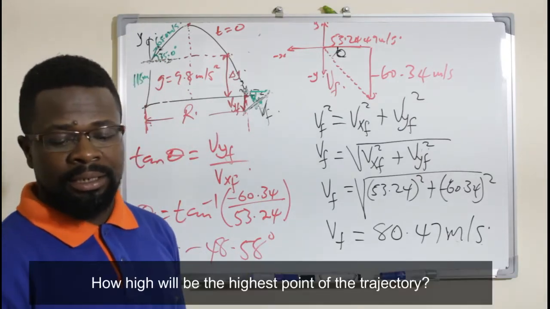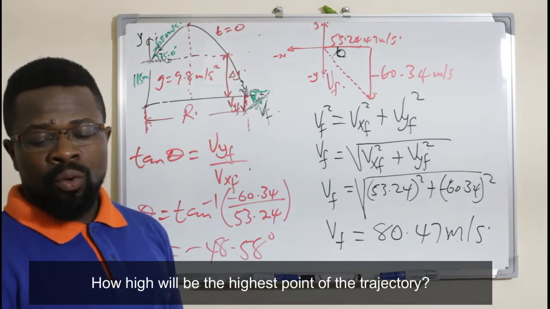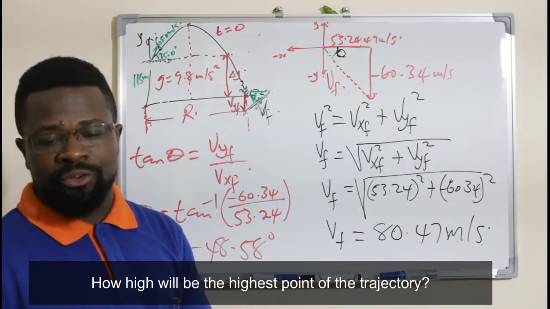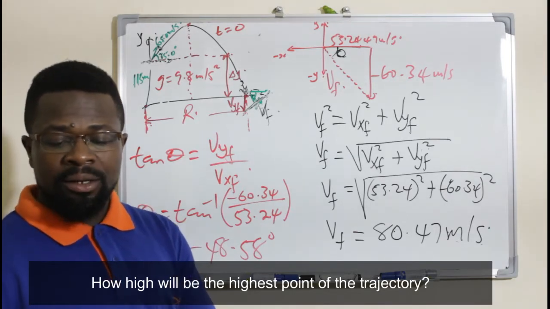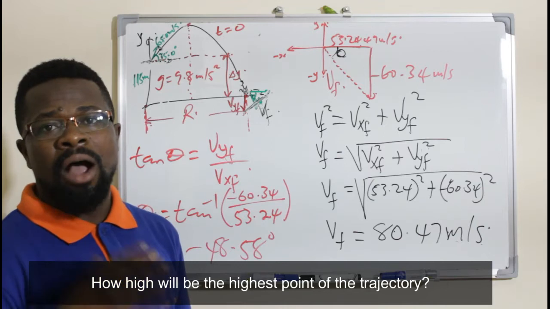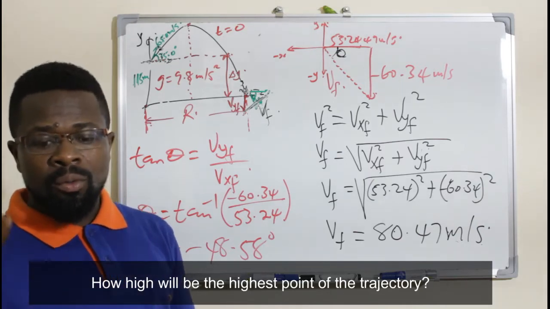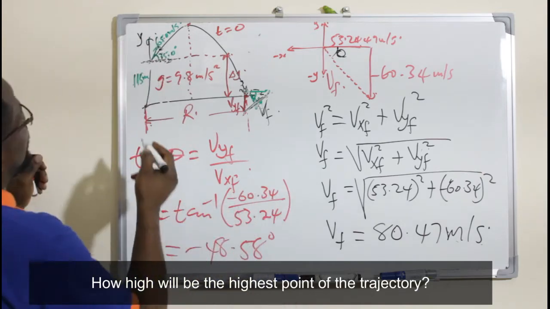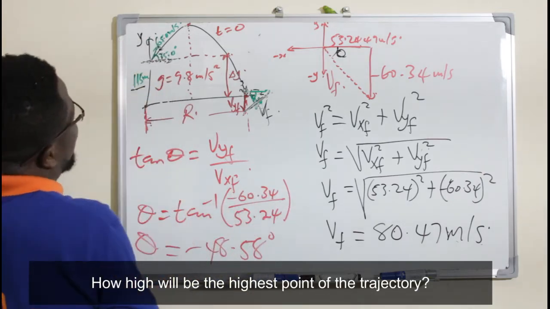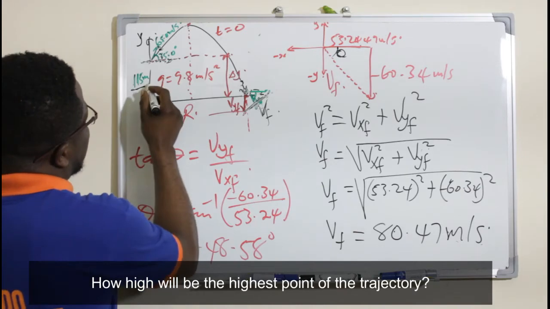Alright, so let's look at the next question for this particular problem. The next question says, how high will be the highest point of the trajectory? Alright, when we look at it, already we were given 115 meters.